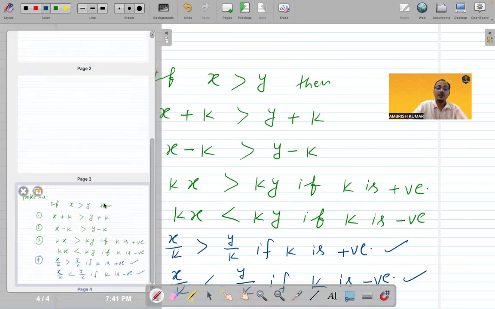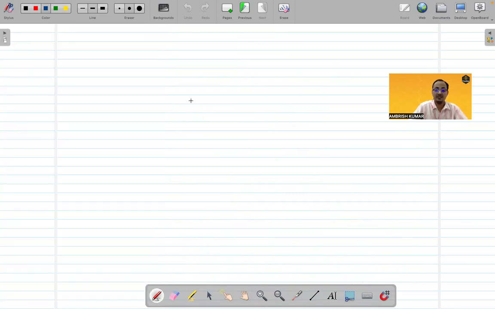Now, few interesting results that we have for inequations. Two more properties, like say here, fifth one.